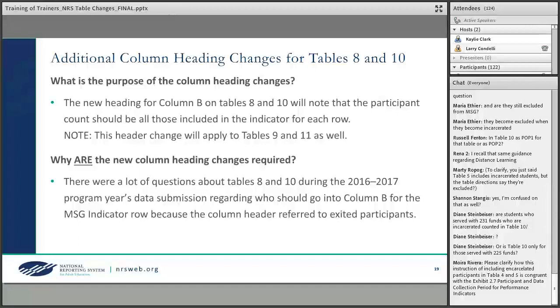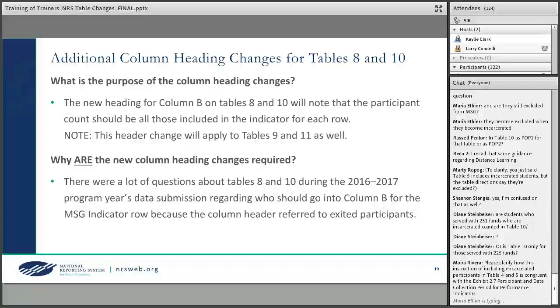That probably rare event is the only time the follow-up measures, the post-exit indicators, would apply to them. Otherwise, only MSG applies to them. If that answers your question, I hope so. If not, please clarify it. I don't know what Exhibit 2.7 is. I just don't have it in front of me.